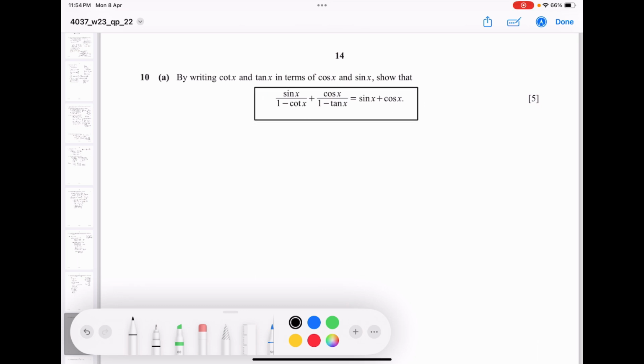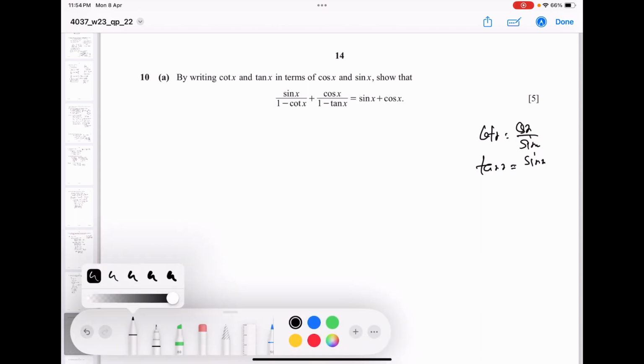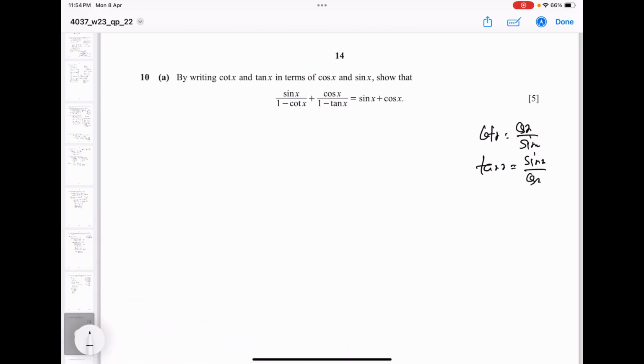First of all, let us change cot x and tan x. cot x is cos x by sin x and tan x is sin x by cos x.